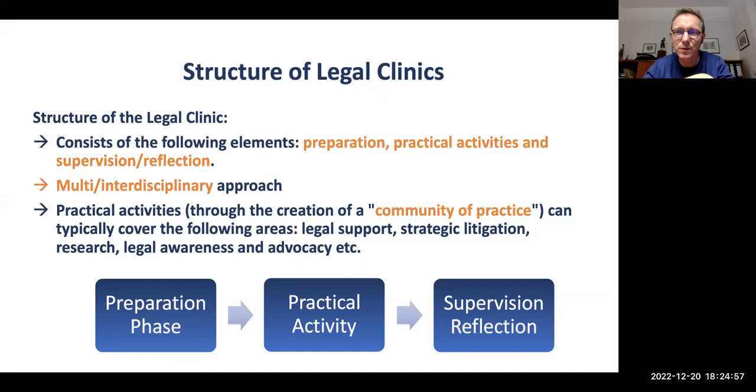I think that's something we want to show you when we talk about law clinics very often, is that this is a very interesting methodology in a certain way to create a sort of movement of activism.